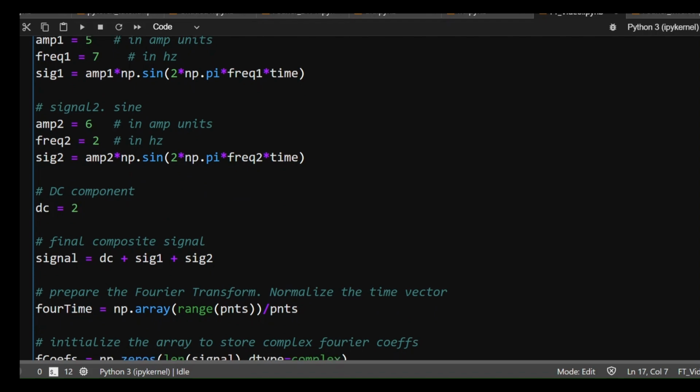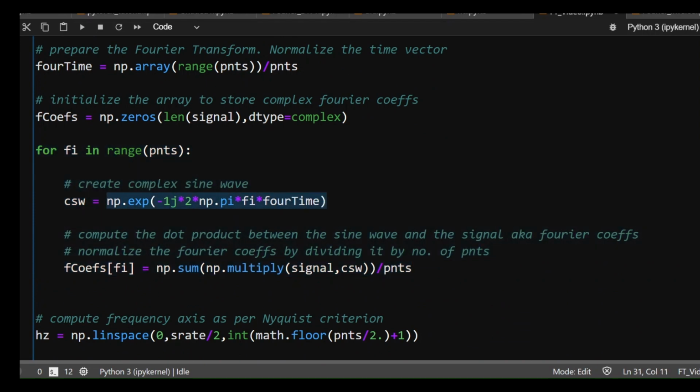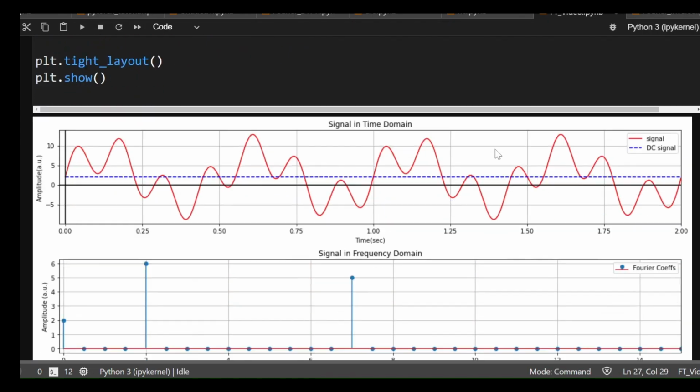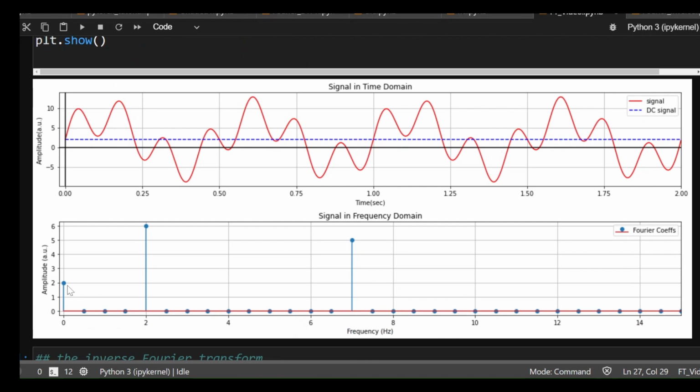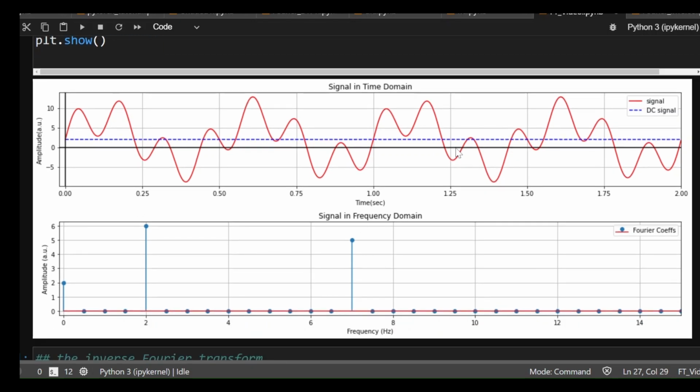Let's see if my elementary DTFT algorithm, which is just these 2 lines of code, multiplying by a complex oscillator and then taking the dot product between the complex oscillator and the original signal, works. There we are. As you can clearly see, my DC component has gone to 2. At 2 Hertz, I have an amplitude of 6, and at 7 Hertz, I have an amplitude of 5. I've been able to recover the signal perfectly. Let's go back to the PowerPoint, and I'll explain what happened here.